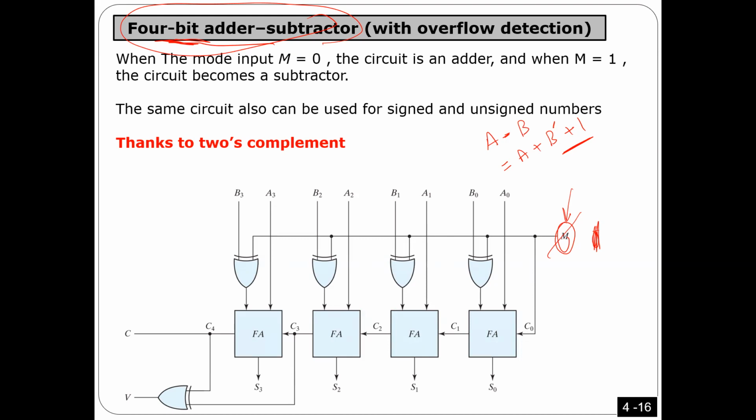In order to detect overflow, we have here the carry, and we have what we call V. The carry is the carry resulting from C4, and we have another XOR here. I'm going to tell you for sure why. So now I have two more outputs, C and V. C is used in case of unsigned numbers to know if there is overflow or not. V is used if the numbers are signed to know if there is overflow or not. But why? I'm going to tell you quickly.